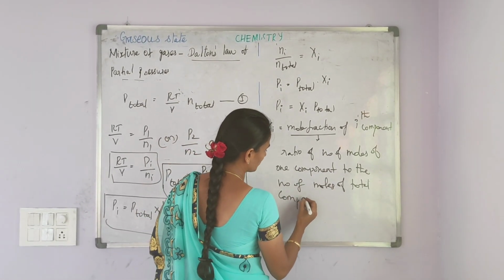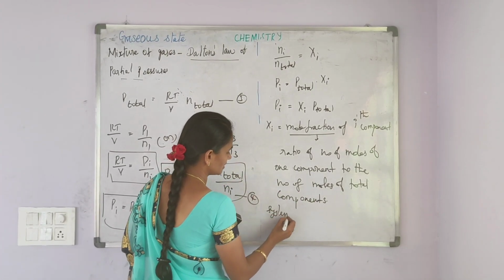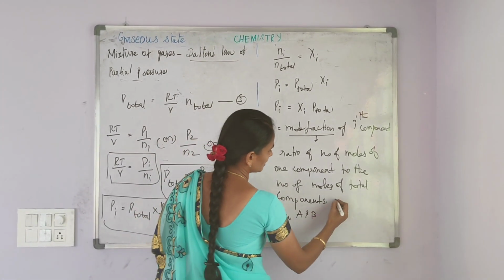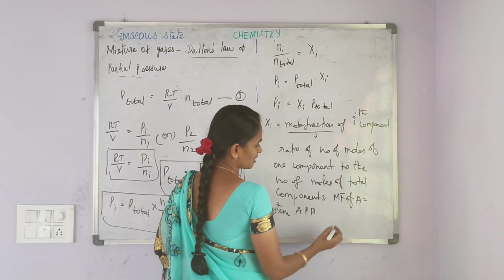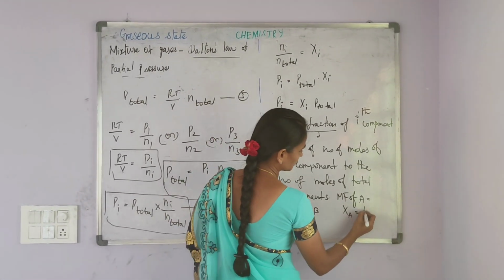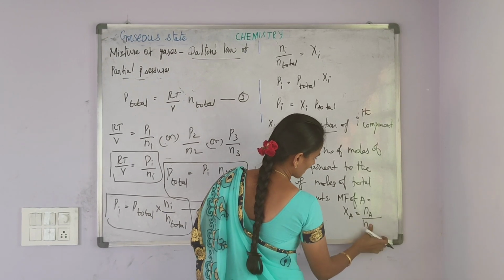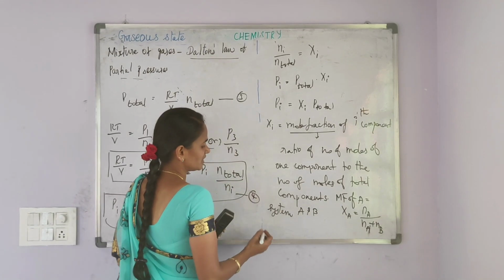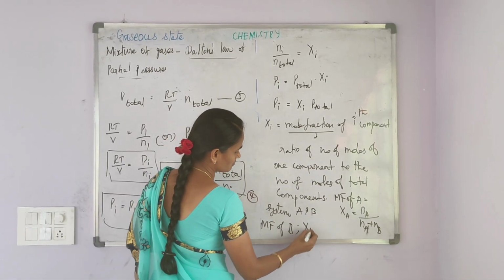Let us consider the system. It possesses A and B. Now, I am finding the mole fraction of A. Mole fraction of A is referred to as Xa. Xa is equal to number of moles of A divided by number of moles of A plus number of moles of B. Mole fraction of B is considered as Xb.